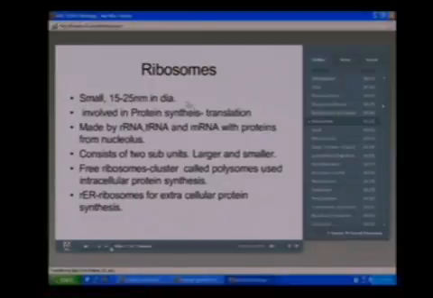Ribosomes are small, 15 to 25 nanometers in diameter, and are involved in protein synthesis, especially in translation.